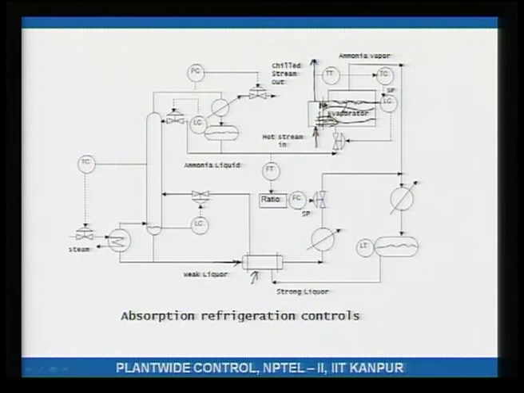So, the level decreases, comes to here, and now the heat being transferred across the wall is reduced. Therefore, the temperature that was decreasing comes back up to set point. So, in this case the heat transfer is adjusted by the heat transfer area, not by the delta T, but the heat transfer area.